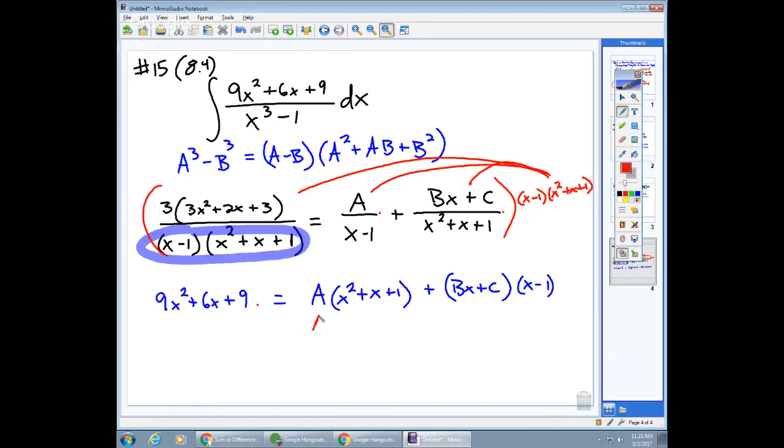So that's going to give me an ax squared plus ax plus a. And then multiplying here, that's going to be a plus bx squared minus bx plus cx minus c. Looking for like terms, I have x squared here and here, so the coefficients of x squared are positive a and positive b.